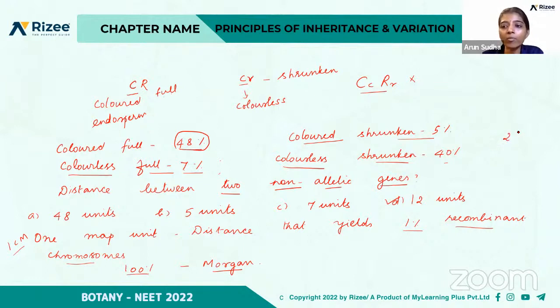One map unit is equivalent to the distance that yields 1% of recombinant chromosomes. So 12% recombinants means the answer is 12 units. Based on the percentage of recombinants produced, we can find out the distance between the non-allelic genes. Okay, are you clear with this now?